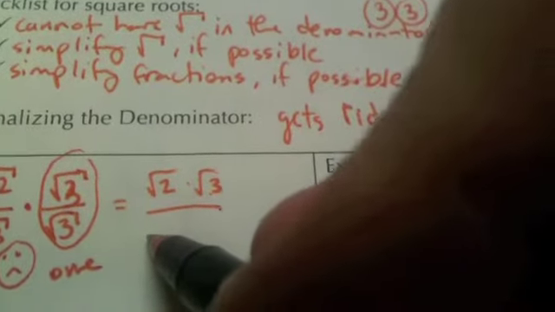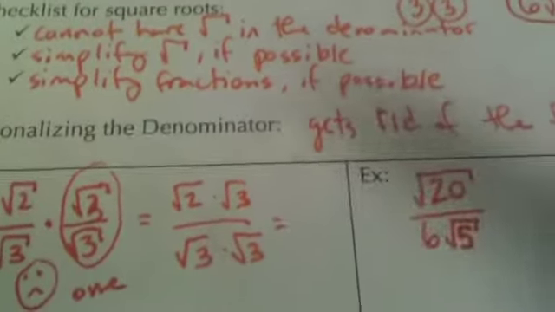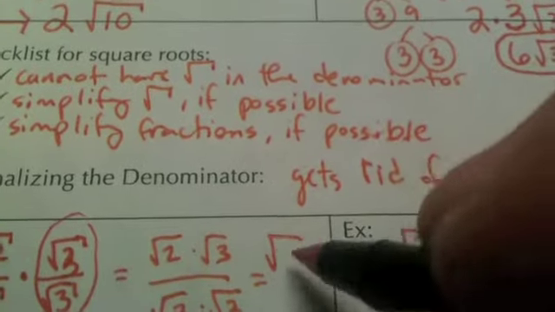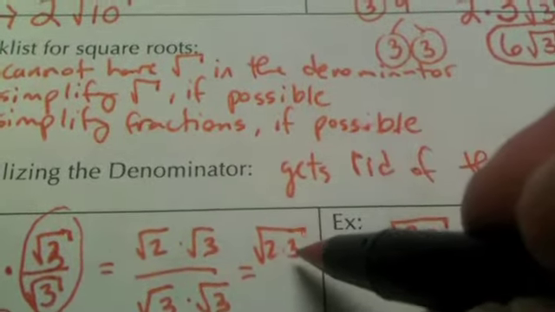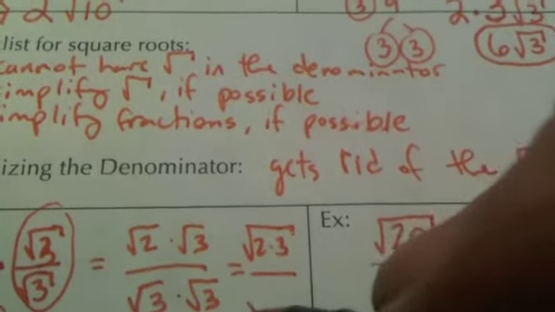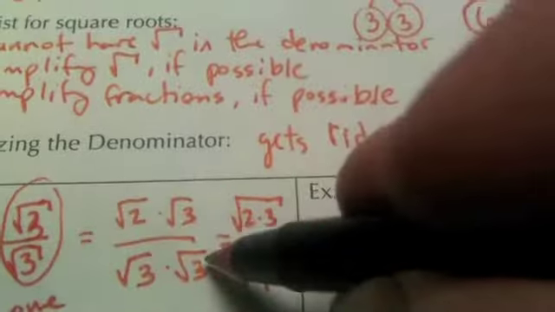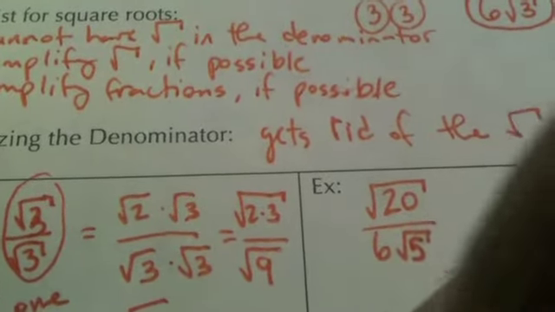And then bottom times bottom, I get square root of 3 times the square root of 3. Remember the product rule from up top says I can separate these, or I can put them in the same house. Okay, I can put them in separate houses, or I can put them in the same house. Same thing on the bottom. I went ahead and did 3 times 3 and got 9. So what I get now is the square root of 6 over the square root of 9.